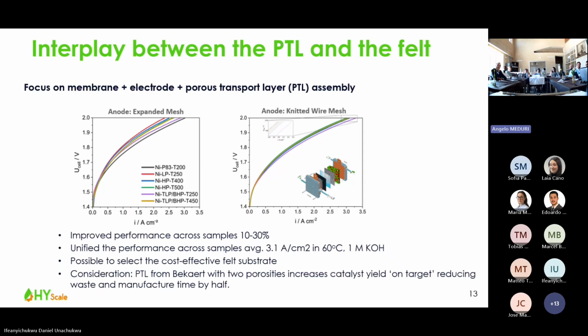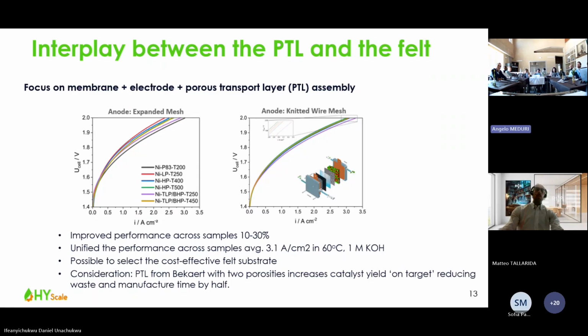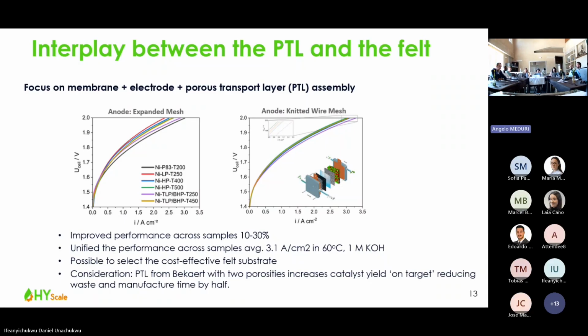So when we use the expanded mesh in addition, the choice of PTL on top is not so important anymore, and that means the cost-effective one can also be used. Still, the Bekaert one was the best, but cheaper ones would also be fine.